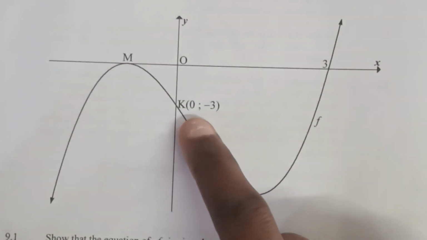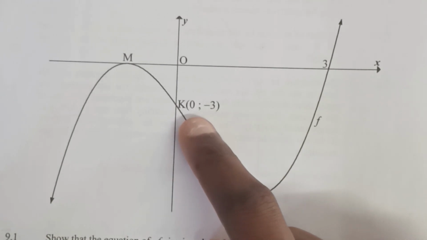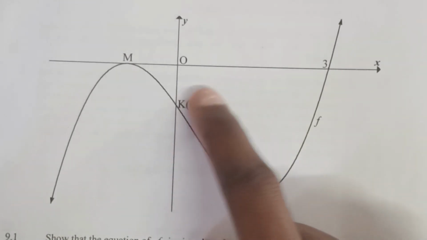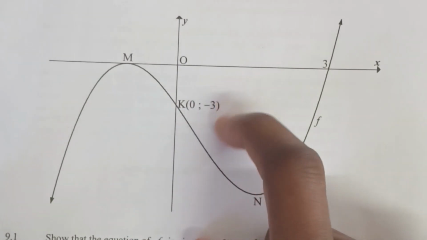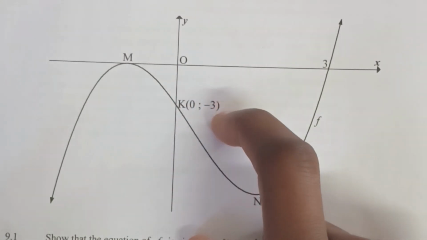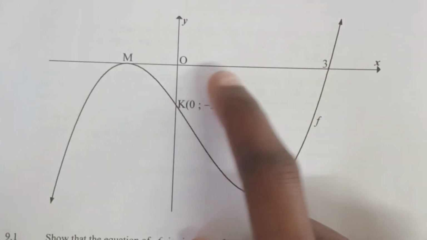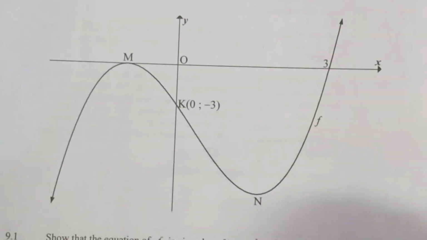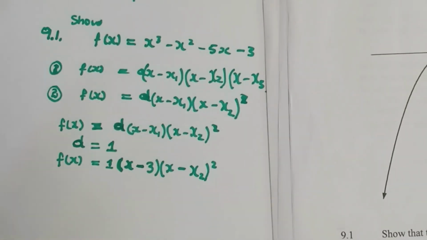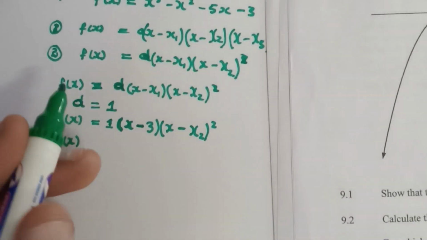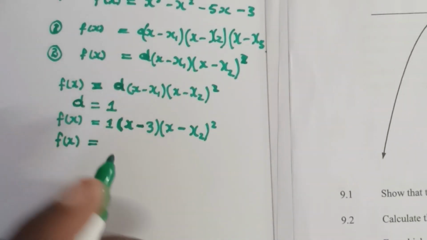And then remember, we are given that there is a k that is the y-intercept. So we're going to take that one as a point on the graph. But remember something: f of x is the notation for the graphs.